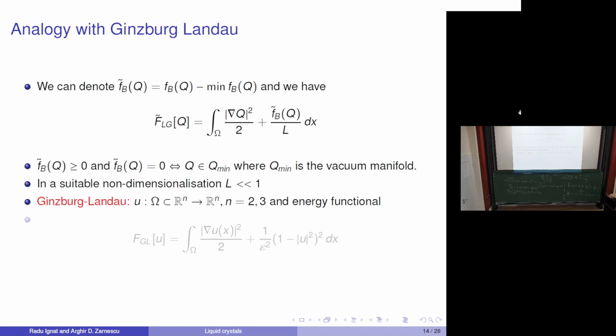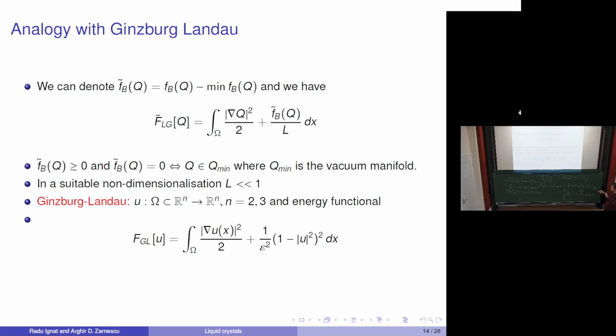In particular, there is this Ginzburg-Landau theory that Radu will mention in the next hour, where you have vectors instead of matrices for a 2D or 3D domain, and you have this kind of energy functional. So here you have vectors, and a similar story. Now you want to understand what happens with the minimizers for this energy functional when you have a small parameter here.